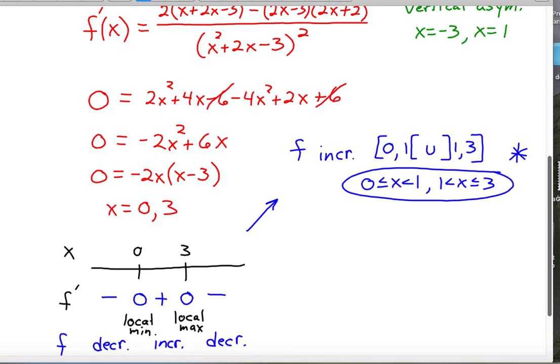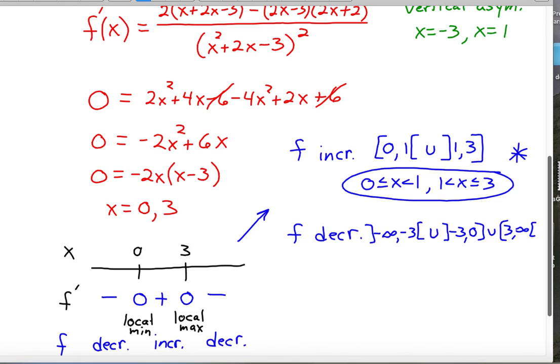All right, and then f is decreasing. So that's from negative infinity. And remember, we have to exclude x equals negative 3. That's not in the domain. So we're going to go negative infinity to negative 3, not including those, union with negative 3 to 0, include the 0, don't include the negative 3, union with 3 to infinity, including the 3.